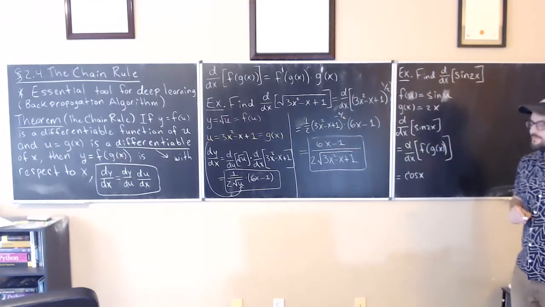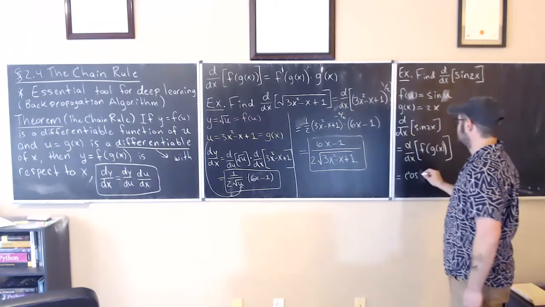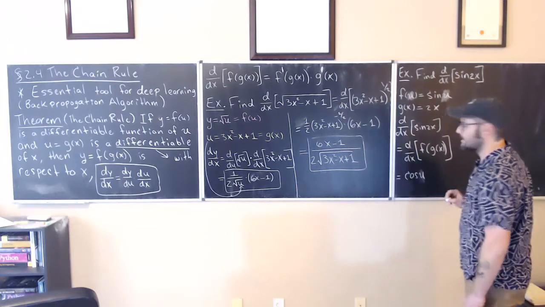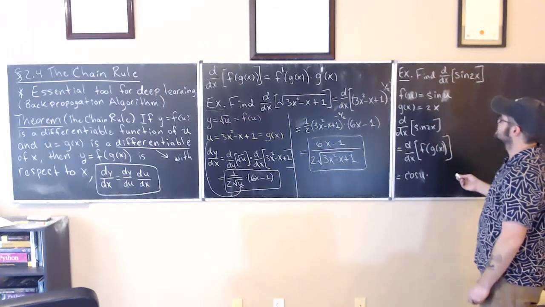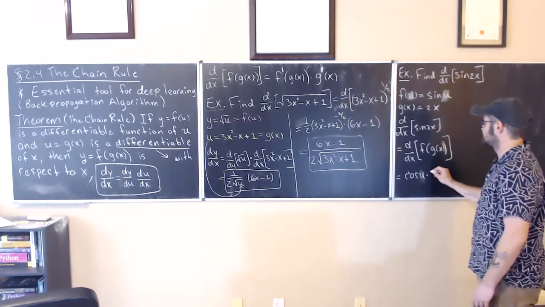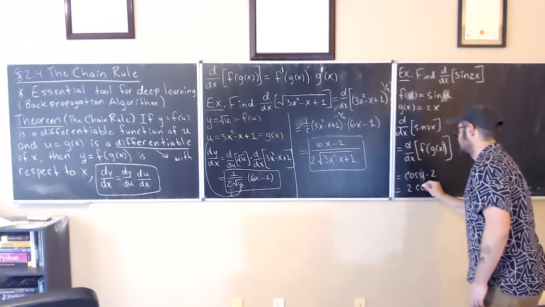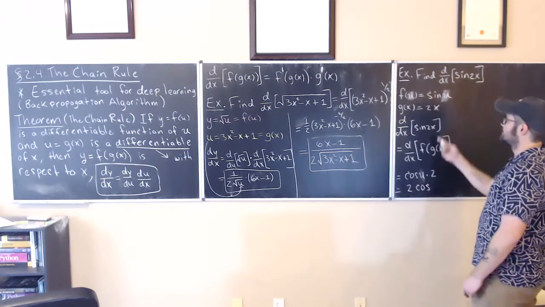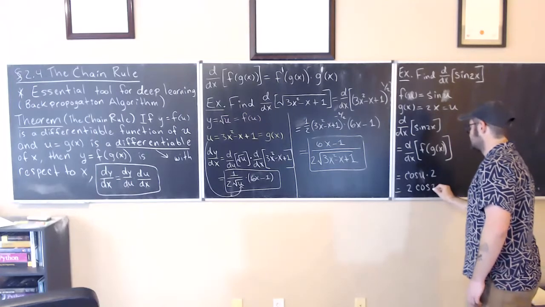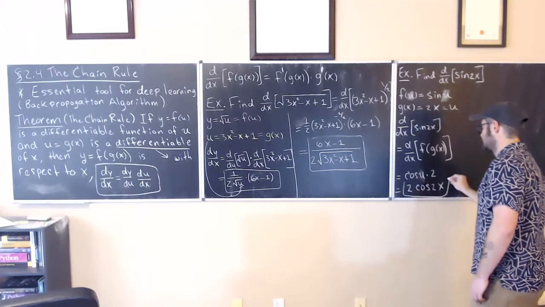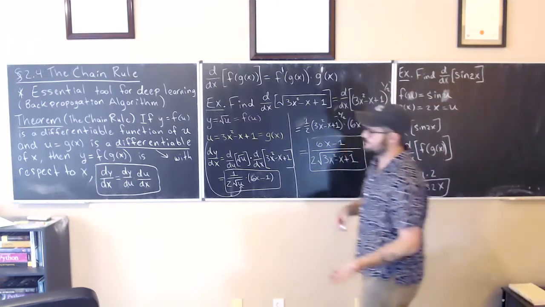So then the derivative of the outside function with respect to u is that, times the derivative of the inside function, which is that. So then this is going to be 2 times cosine, and then plug back in what u was. u was 2x, so there. Again, it's the derivative of the outside times the derivative of the inside.